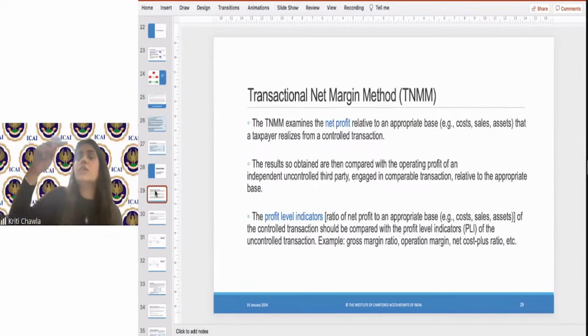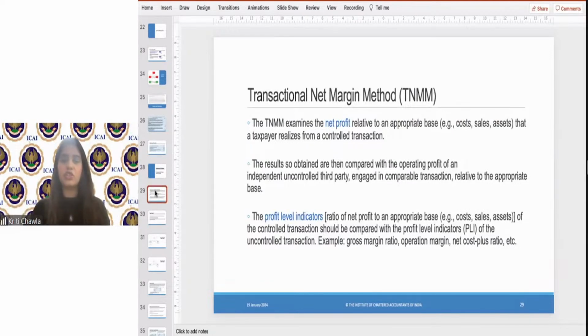Or should I calculate the profit margin of the related entity in USA and compare it with the profit margin of other USA entities out there? Which profit margin should I calculate? This is what you need to tell me. I'll wait for your answer. Please tell me. You can put it in the chat box. So should I calculate the profit margin of the Indian entity, or the profit margin of the USA entity?